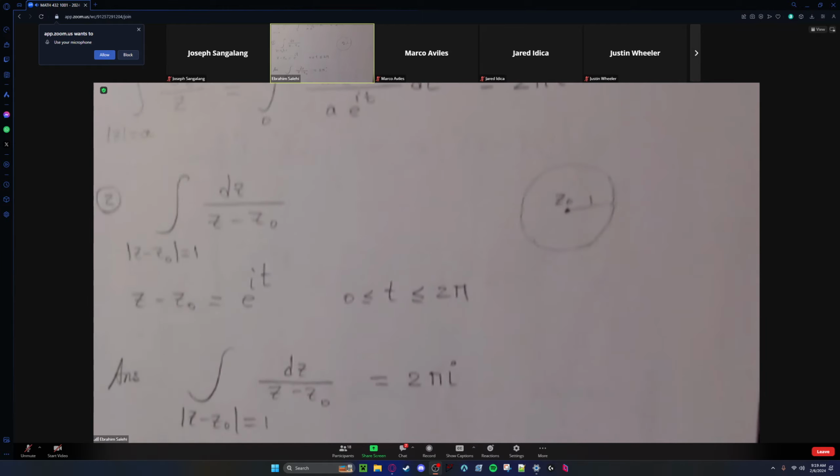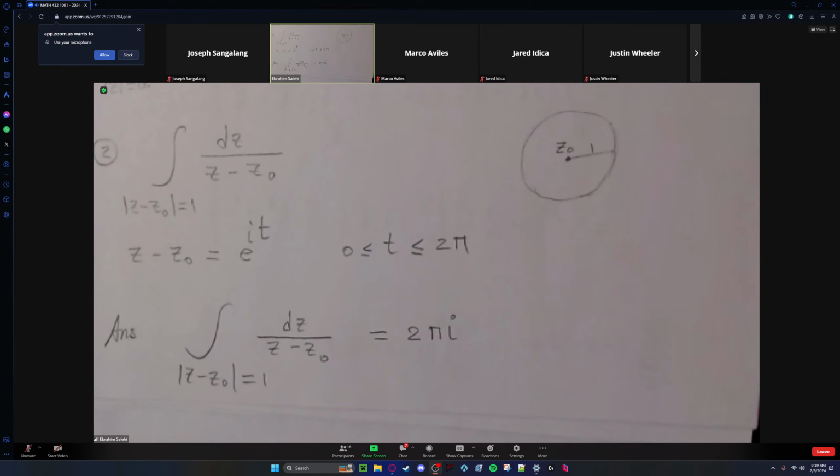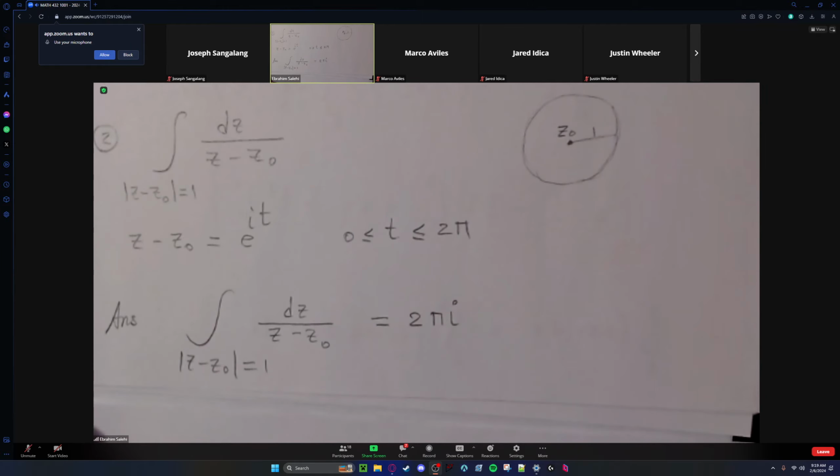You get, again, 2 pi i. This is one of the very important integrations that we will see very often, and I would say it is an extremely important one.